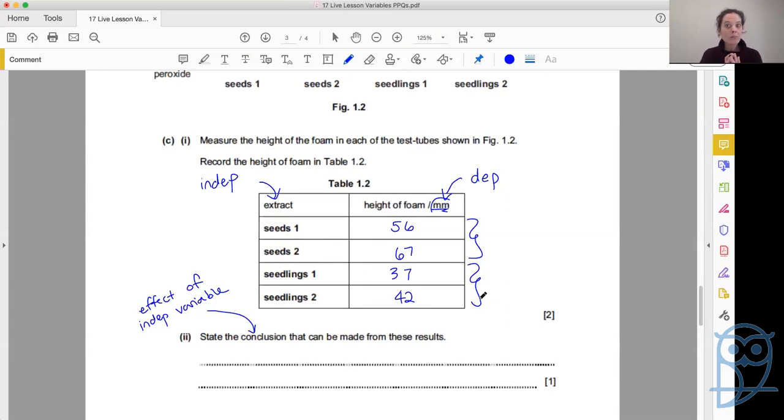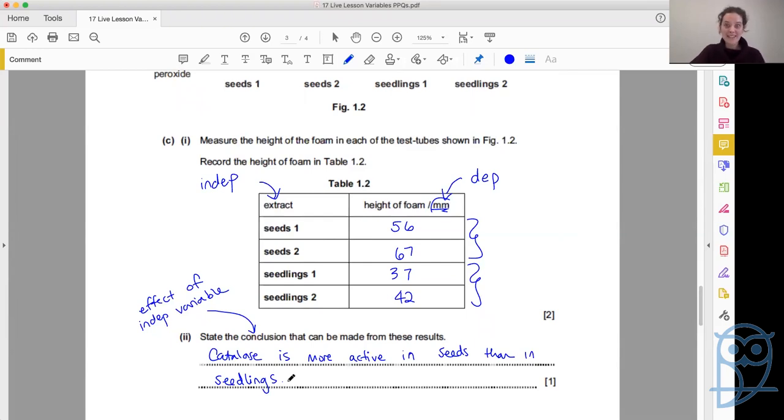So we've got beautifully exactly the same pattern as we had before: that catalase is more active in seeds than in seedlings. Makes sense.